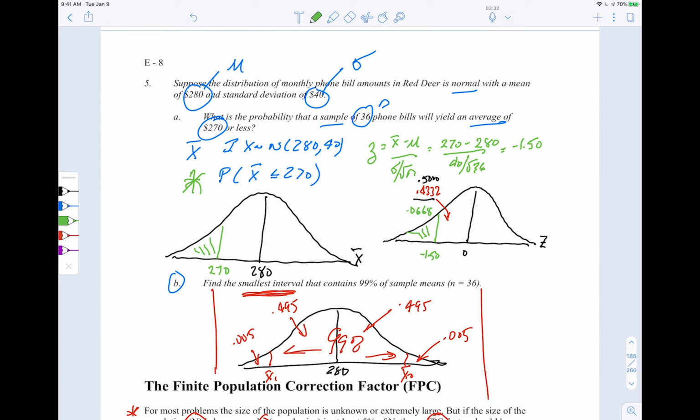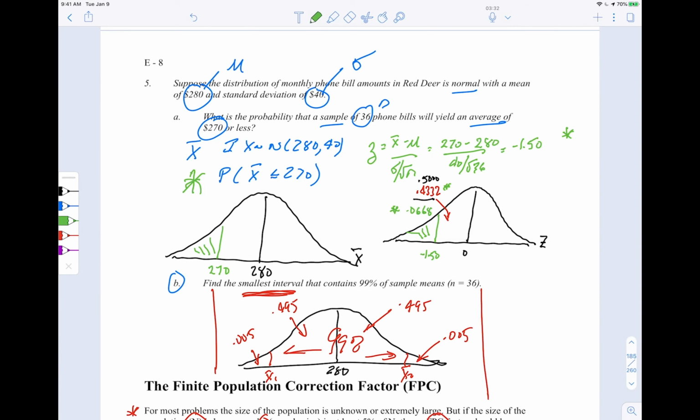So let's take a look at, first of all, what it looks like when we do it by hand. If we were to calculate the z value, we would get a minus 1.5. We would look that up in the table, and it would give us 0.4332, which we would subtract from 0.5, and it gives us an answer here of about 7%.